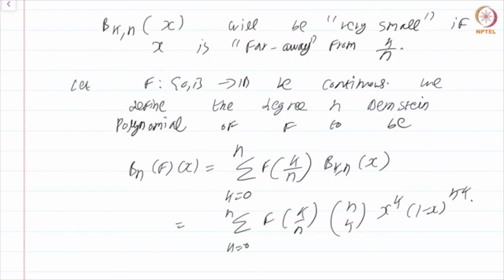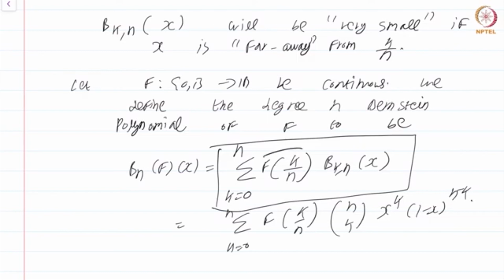So what does our probabilistic intuition tell us? Well, if you look at this sum for any value x, as you increase n, then from the intuition that we have seen before, this f of k by n is getting weighed by b k n of x.